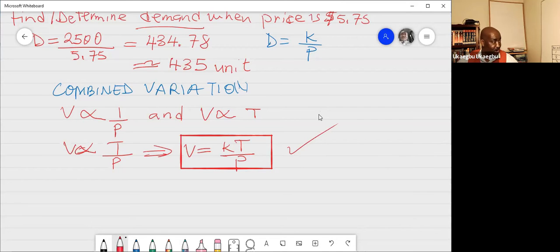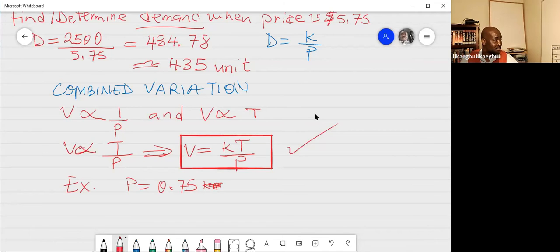Before we do that, let's try to determine K in a particular situation. The pressure of a gas is 0.75 kilogram per square meter. The unit doesn't really matter, so let's forget about the unit for now.